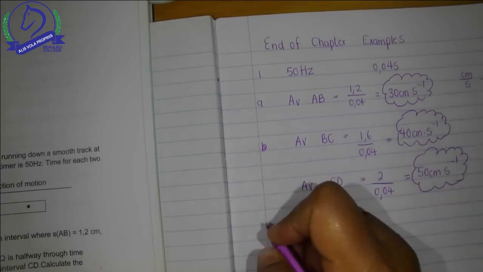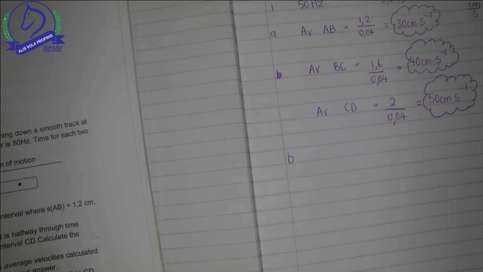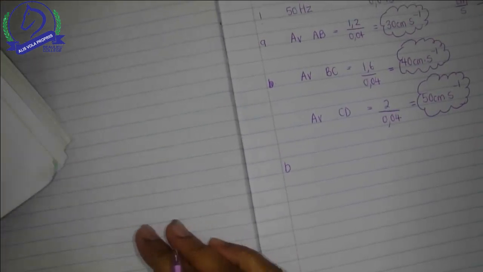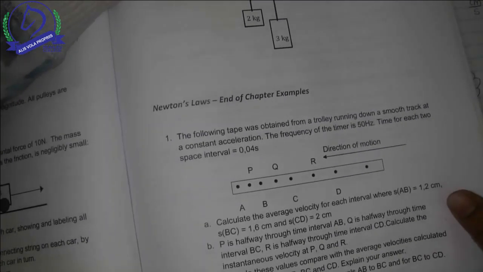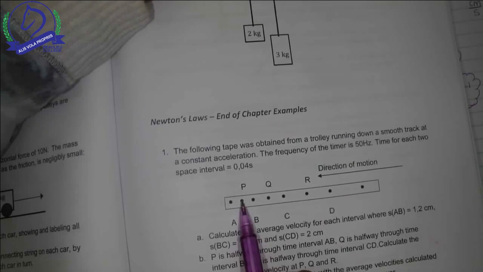Okay, if we go to B, it says that P is halfway through time interval AB. So I'm just going to put this on for you so you can see it if you don't have your books with you. You can see from here that they're talking about this P here.